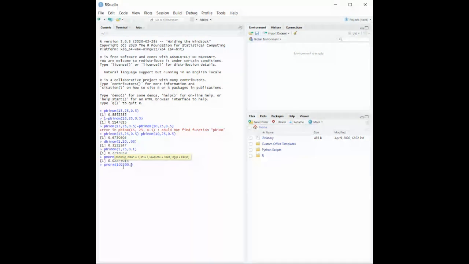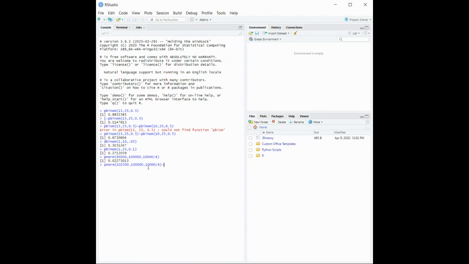102,500. The mu, the mean is the same, so 100,000. And then again, we're going to do the same thing. So the standard deviation is 10,000 divided by that 4.